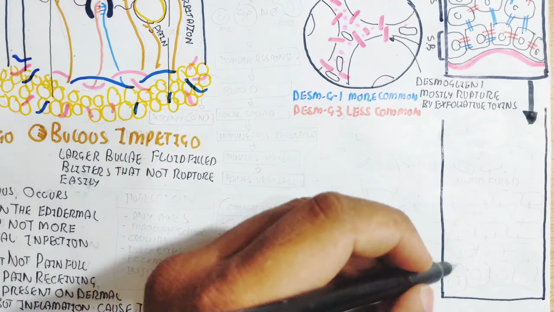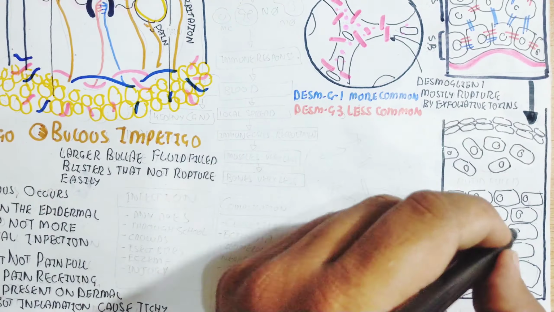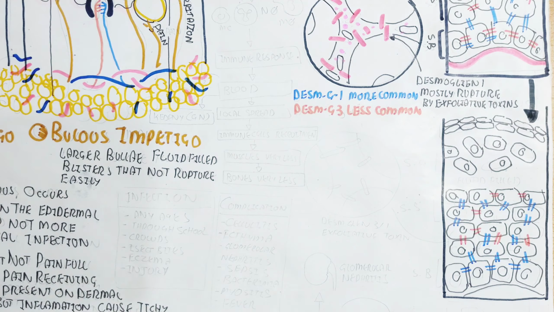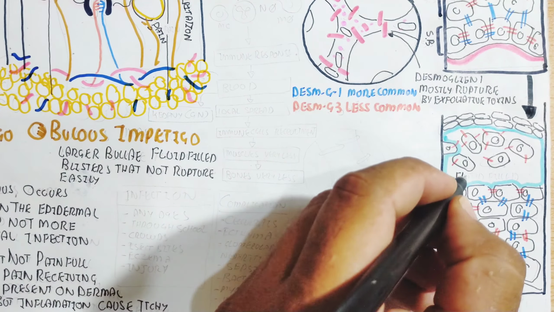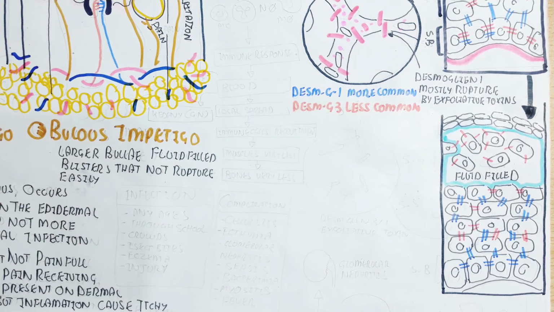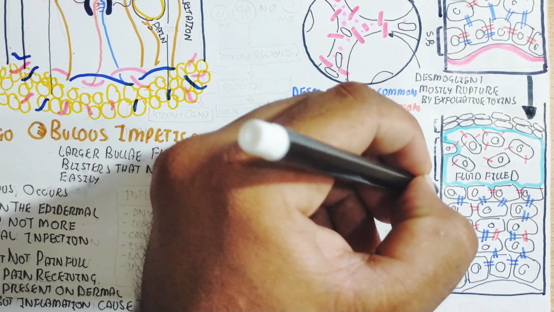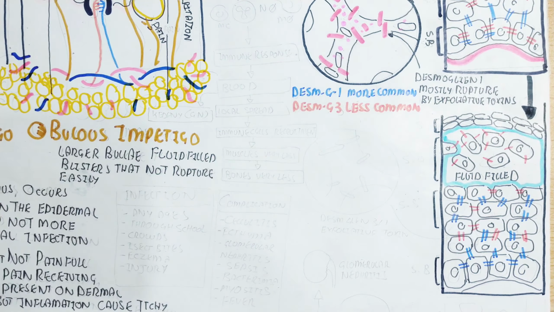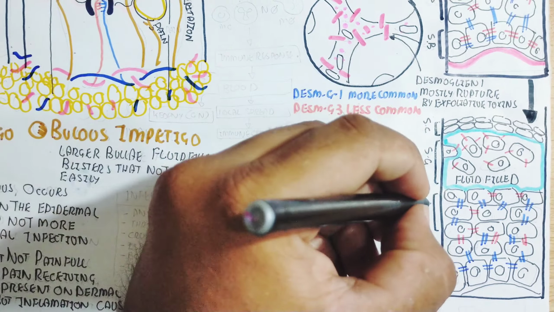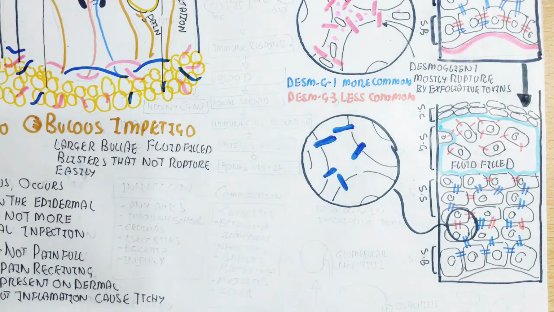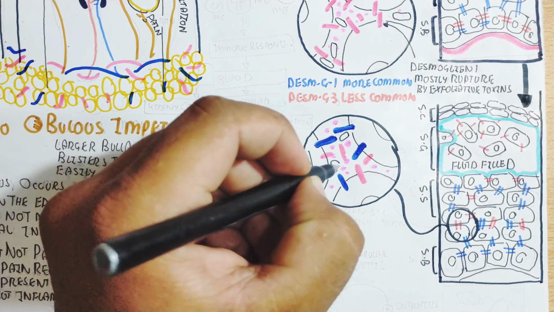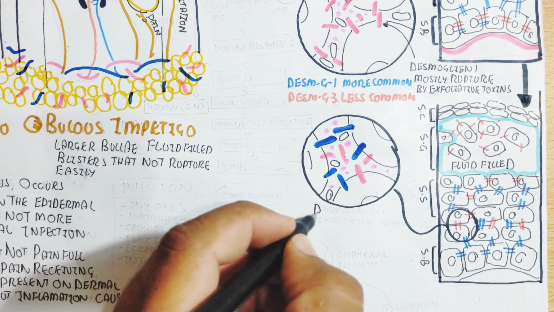So in this way, the invasion of the pathogen increases, and fluid fills the site of the rupture and of the desmosome rupture. Here you can see the stratum corneum and stratum granulosum, which are affected and lead to blister formation due to the fluid filling.